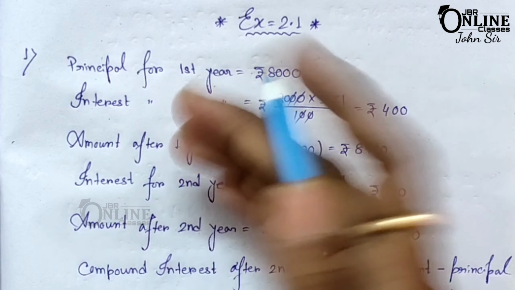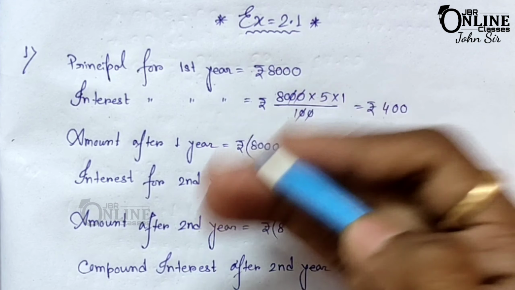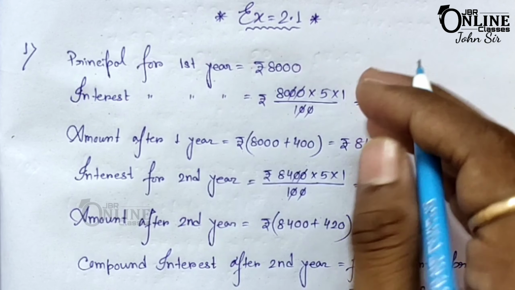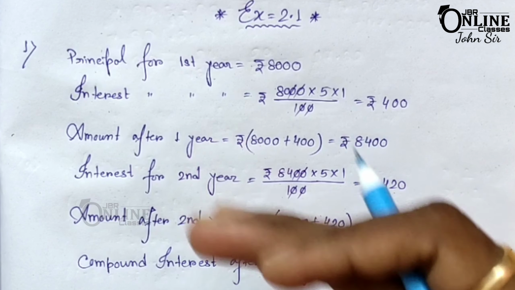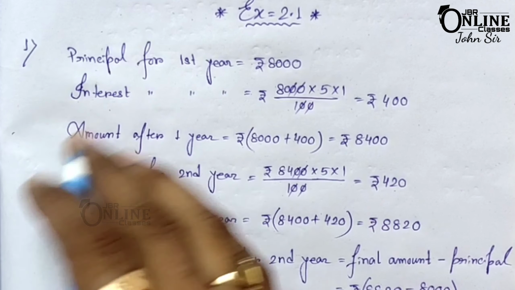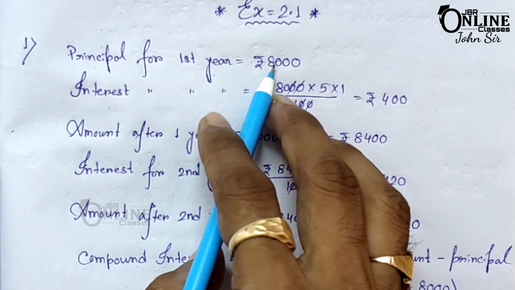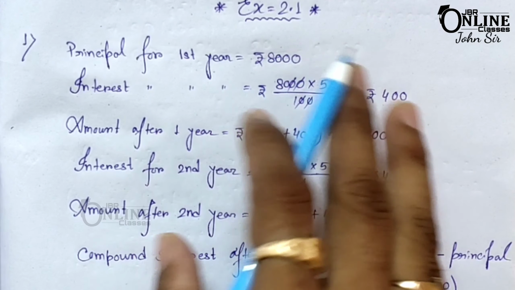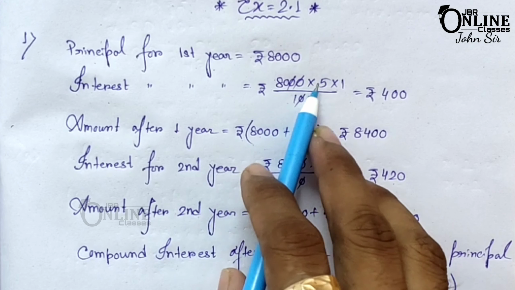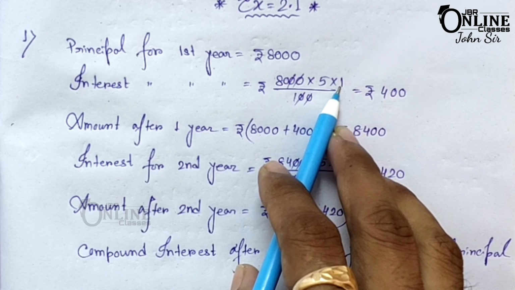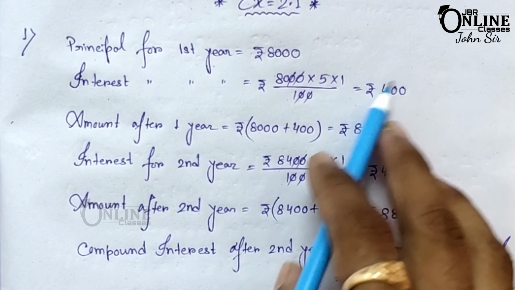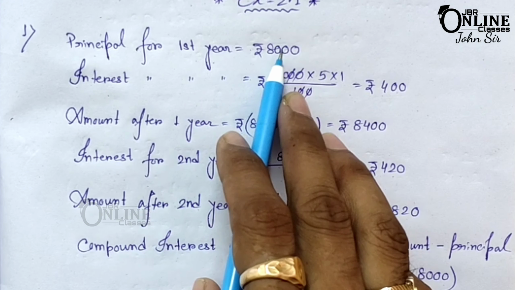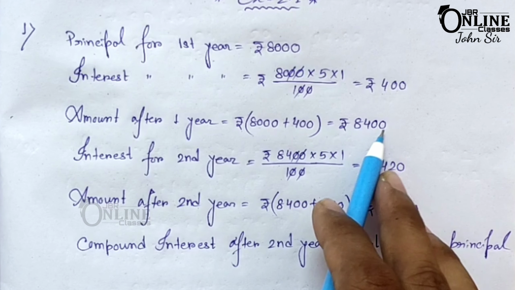First you have to find the amount after the first year, then the amount after the second year. That means I am going to solve this problem by the step method. Principal for the first year is 8,000, then interest, you know the formula PRT by 100. So P into R into T equal to 1 year by 100 equals ₹400. So 400 is the interest. Then the amount will be 8,000 plus 400, that equals 8400.